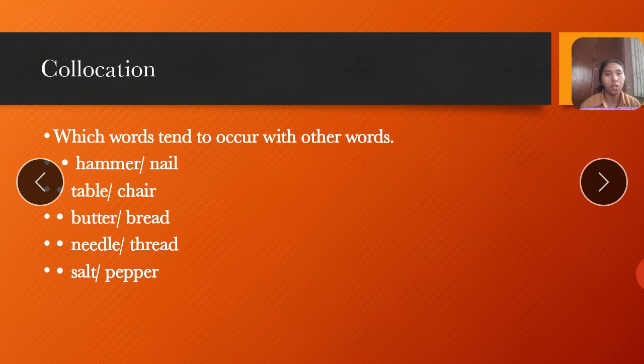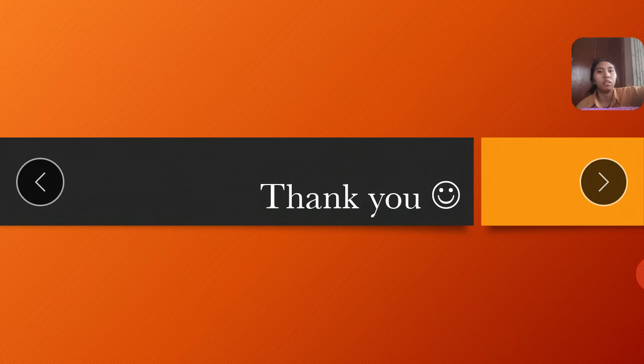And then collocation, which is words that tend to occur with other words. This is, for example, salt and pepper, and so on.